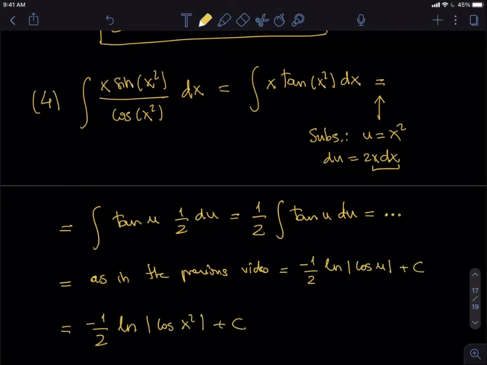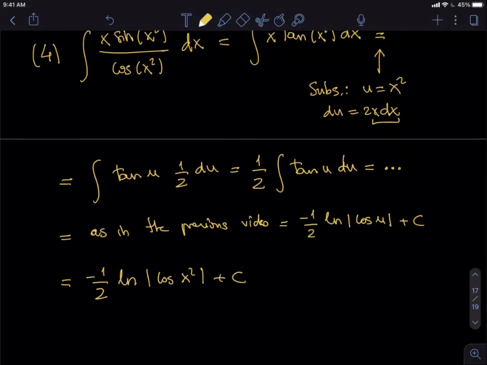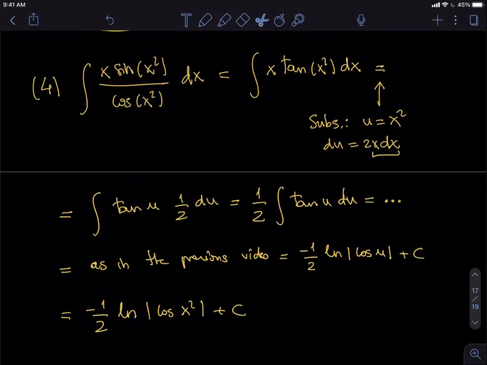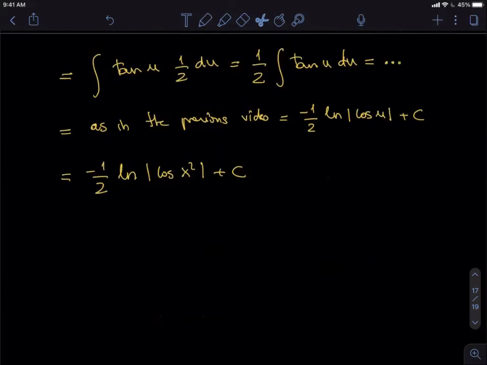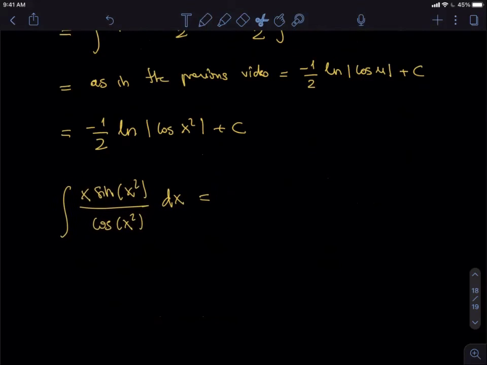Now, just in case, let's do it the other way also. Let's start from the beginning and do it all the way until the end. The substitution is the same: u equals x squared, du equals 2x dx.